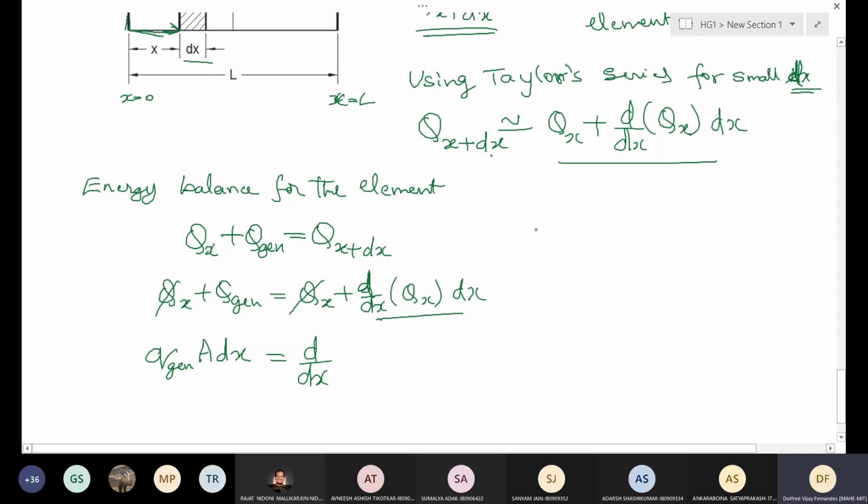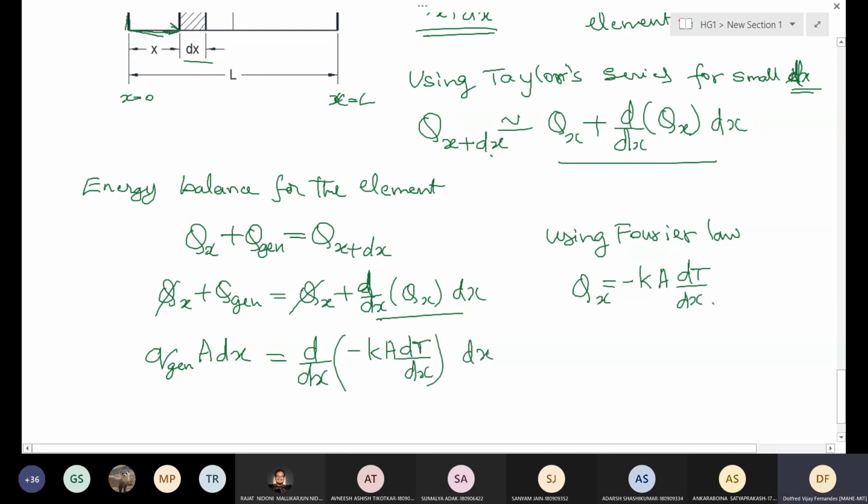What is Qx? Using Fourier law, Qx equals minus kA dT by dx. Substitute that here, times dx. So that dx can be cancelled, and the area can also be cancelled.